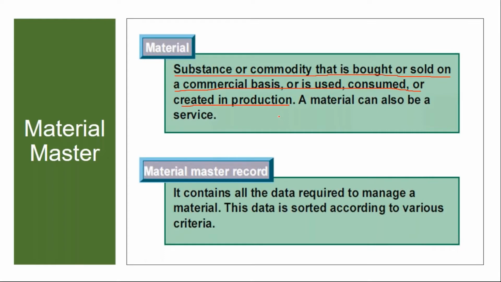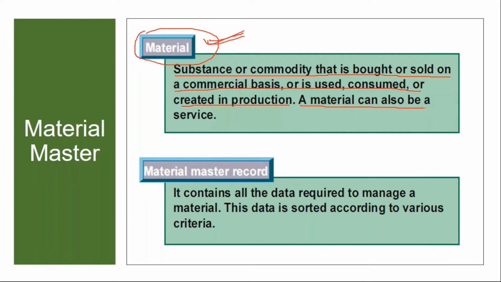It can be a packing material, an item which is used for packing activities, or it can be a semi-finished product, or even a finished product. All are called materials in the SAP system. So don't think that material means only raw material or packing material. Material can be a finished product also.